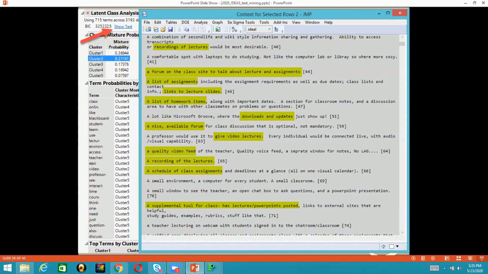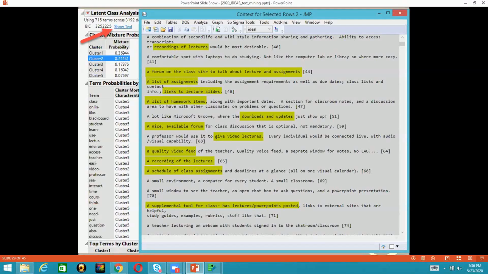The video lecture, quality video feed, a schedule of class assignments, lecture PowerPoint posts. Looks like some forum, or some hub for me to access the learning materials.